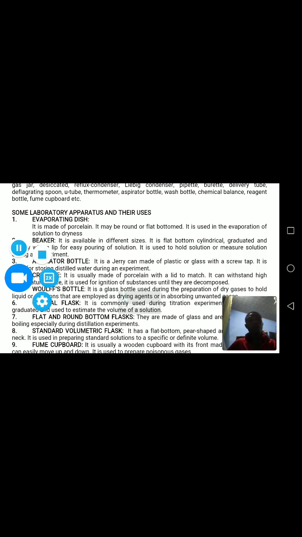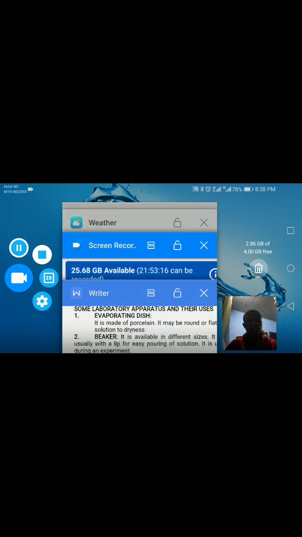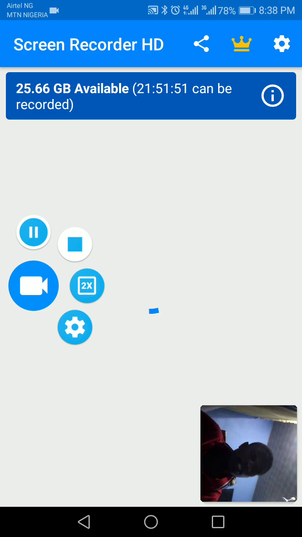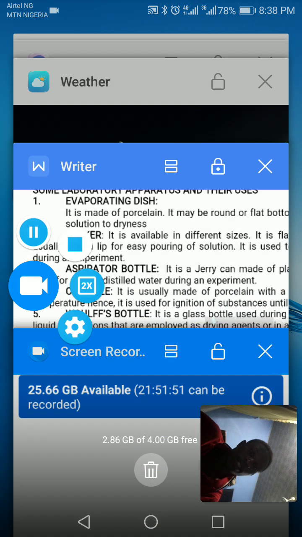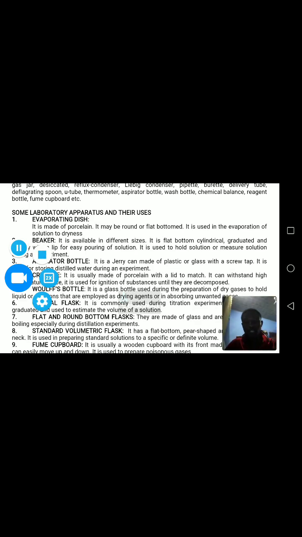We have number one, evaporating dish. You can see from the picture displayed on the screen, the evaporating dish there in the middle.